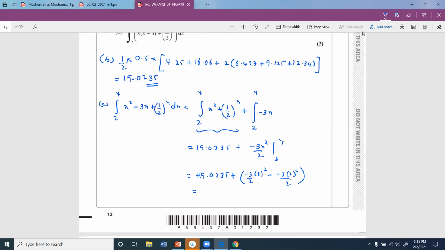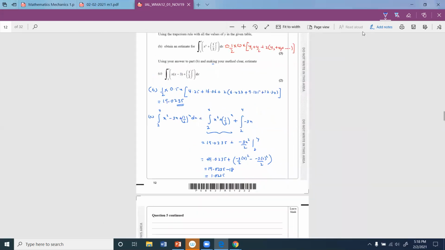That value is minus 18. So 19.0235 minus 18 is the answer. It turns out that 1.0235 would be the final answer for this question.